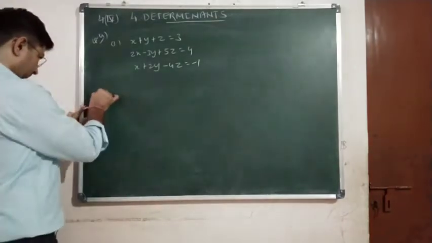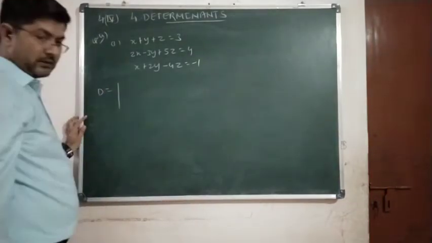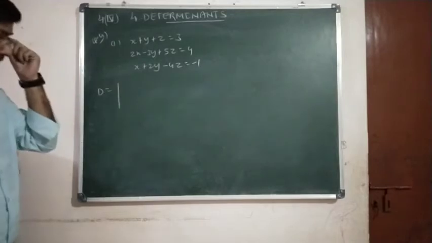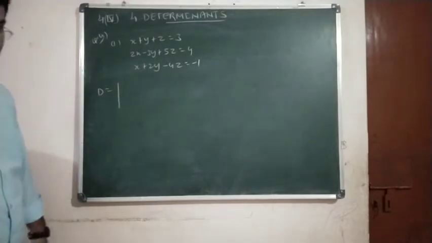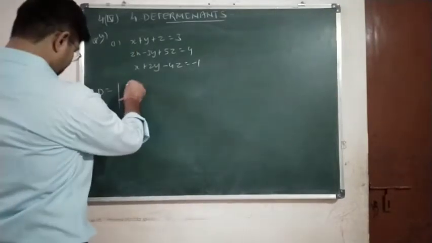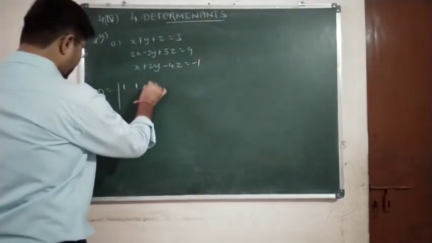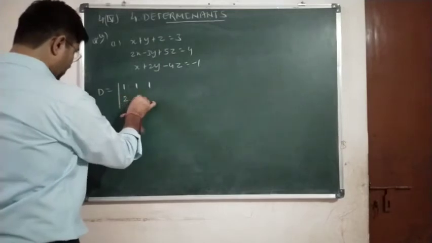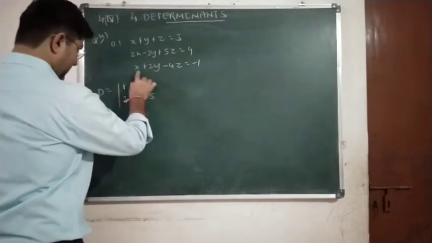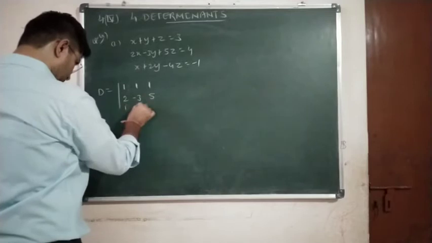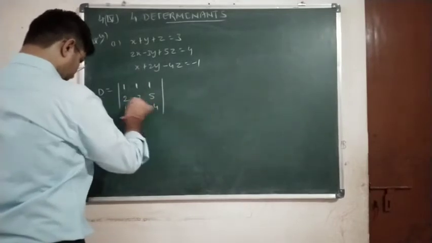Here D is a determinant involving the coefficients of x, y, z on the left side. So the first row will be 1, 1, 1, the second row will be 2, minus 3, 5, and the third row will be 1, 2, and minus 4.